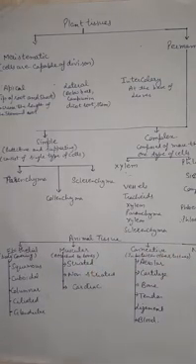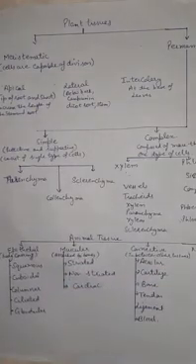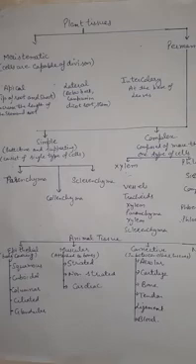It is present on glands, ducts, germinal layer of ovary, and its function is secretion and absorption. Next is the columnar. Columnar is present in the lining of stomach, intestine, genital ducts. Its function is protection, absorption and secretion.